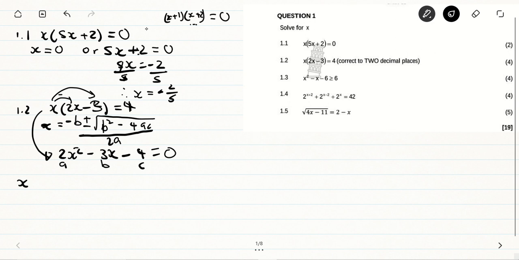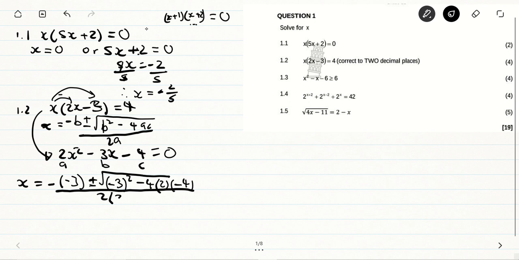Now let's substitute everything into the formula and see what we get. b is equal to negative 3, so we put negative 3 there, plus minus the square root of negative 3 again in the place of b, squared, minus 4a. In the place of a, we have 2. In the place of c, we have negative 4. And then divide the whole thing by 2a. In the place of a, we have 2.